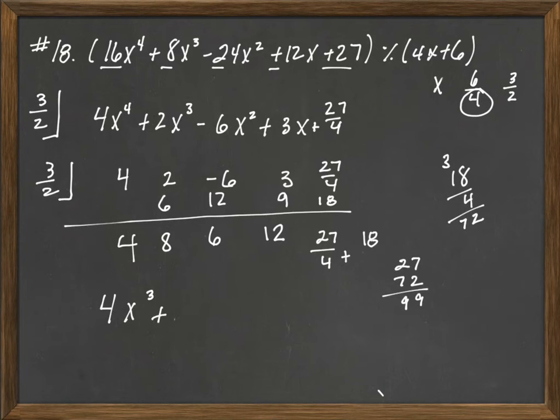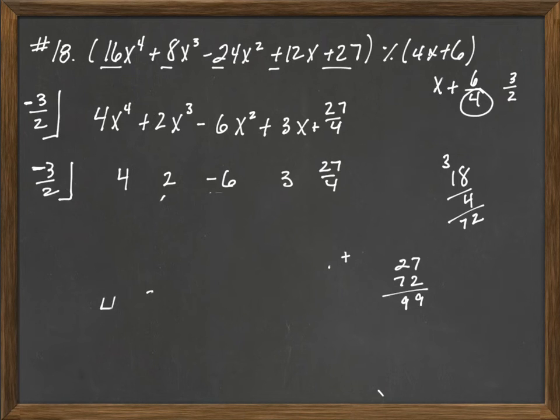Okay, did you guys spot my error here? This is x plus, and I was doing minus. So this is supposed to be a negative 3/2. So we're just going to have to redo this lower part. No biggie. I realized that, and I was like, wait a minute. Okay.